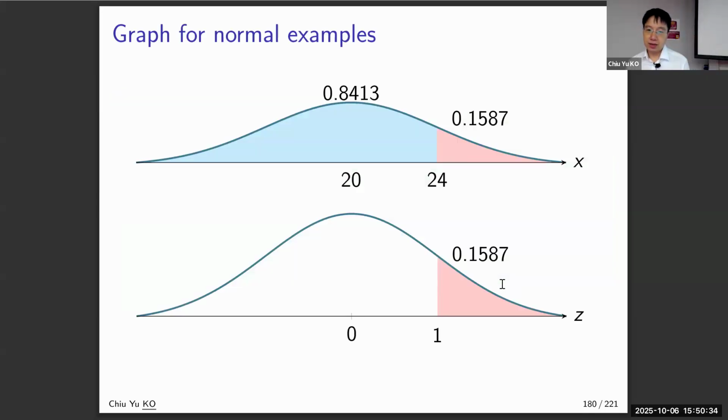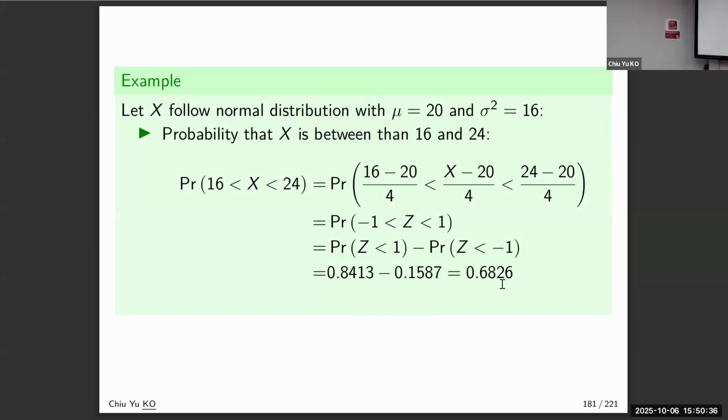Now here comes the very, very common question. X is between 16 and 24, and that is actually 1 SD below and above the mean. Even without calculation, you know it's going to be around 68 percent. This is the empirical rule: 68, 95, 99. But let's do it.